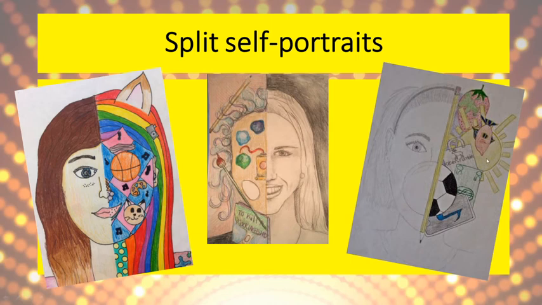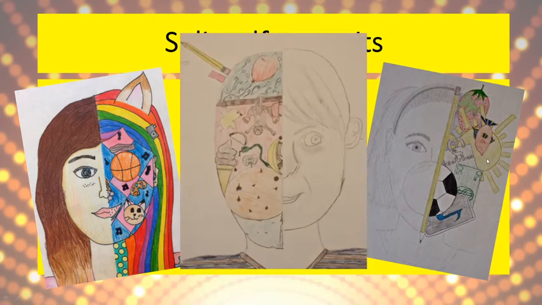And we've got one more to look at. So we've got this one here of a boy who's drawn his split self-portrait. He's done half his face here representing what he looks like, and then this half is things that he enjoys, his hobbies, his interests. So it looks like he quite likes animals. There's a snake, an elephant, I believe that's a monkey, maybe it's a bear hanging from a tree, which would be interesting.